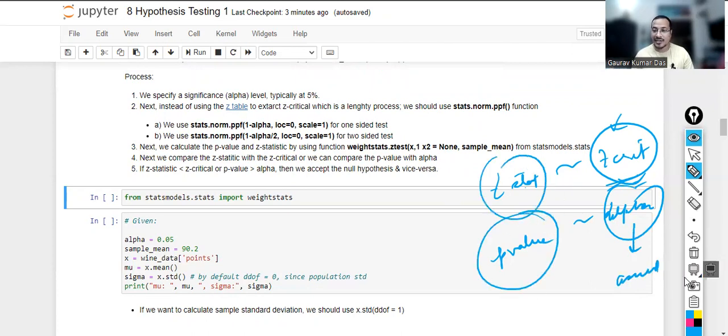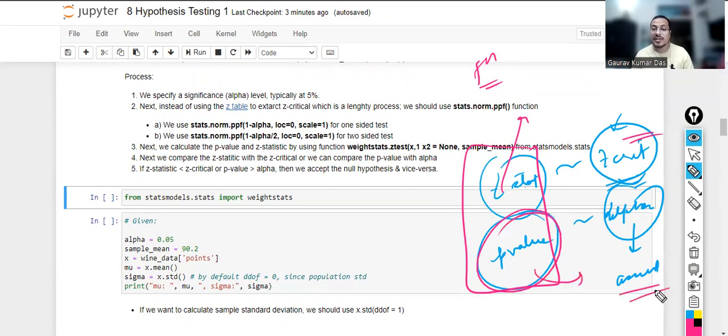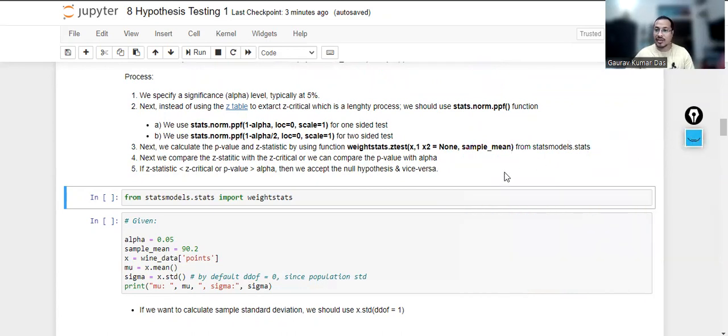The p-value and z-stat are directly calculated using a single function in the scipy module. So we don't even need to calculate the z-critical if you think about it, because once we calculate the p-value, I can directly compare it with the assumed alpha value, right? So we do not need multiple steps here. So let's do that.